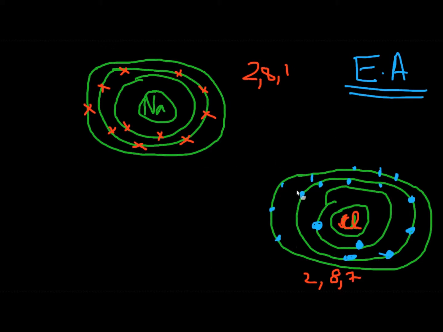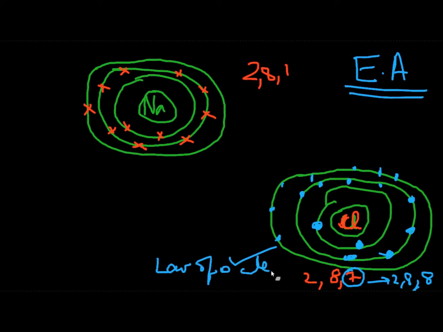If you're thinking that it's chlorine, then you're thinking the right way, because indeed it has just one electron in deficit, and if it gains that electron, it becomes 2, 8, 8. This way, it completes its law of octet.